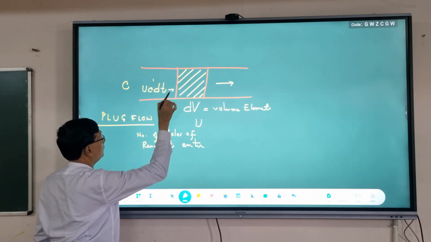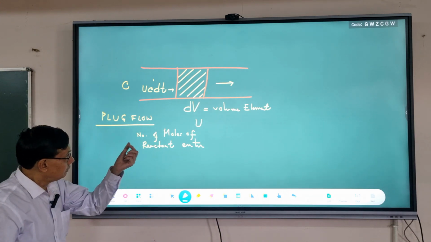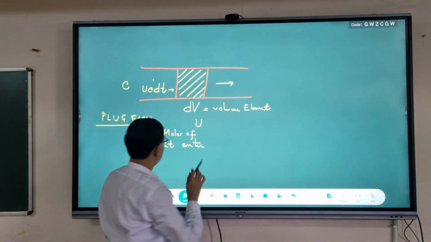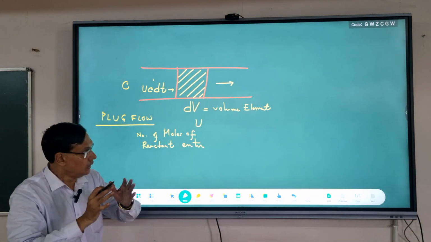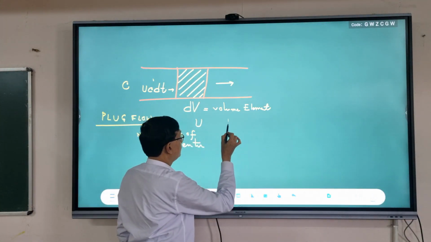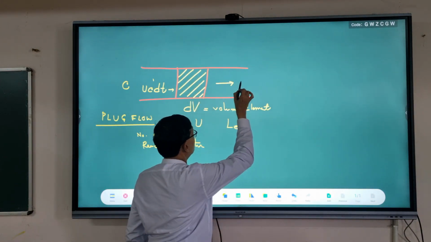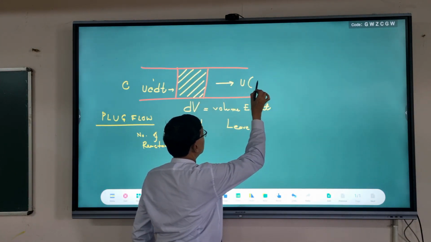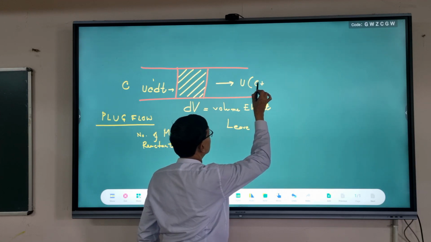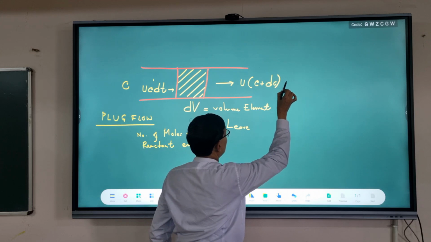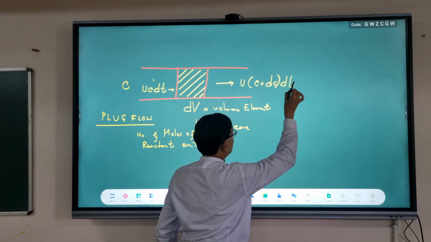So this is entering the solution. And with this flow movement, the number of moles of the reactant that leave is U times C plus dC, with respect to time.